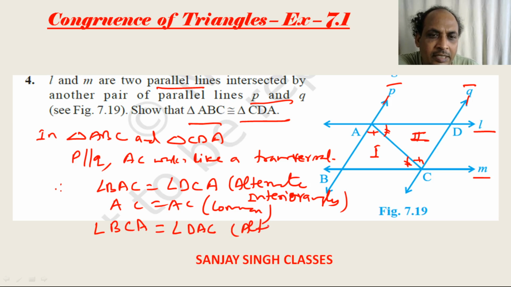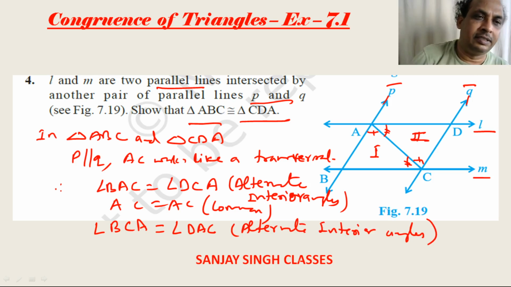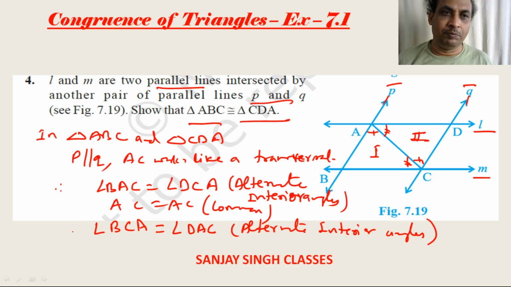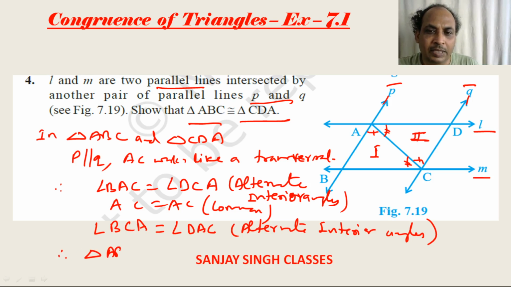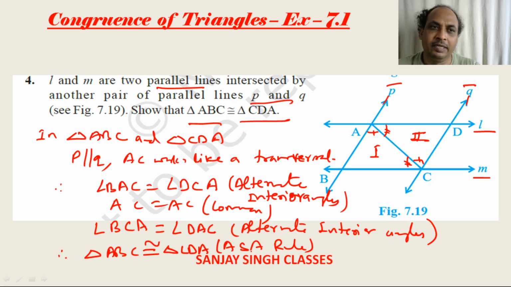Again, alternate interior angles, with P parallel to Q. Therefore, triangle ABC is congruent to triangle CDA. Which rule? ASA rule of congruence. Okay, so the triangles have been proved as congruent.